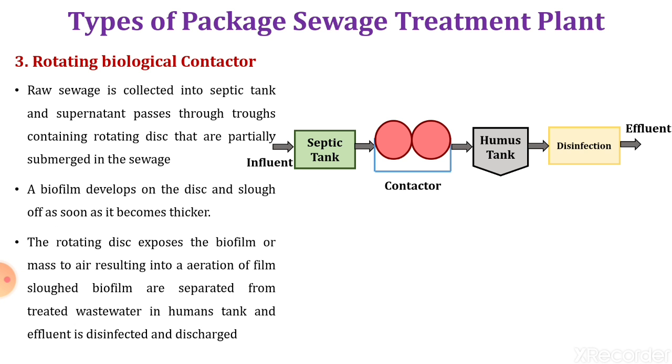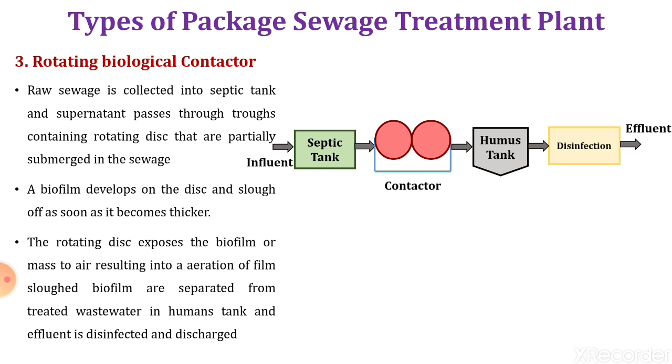Next is the rotating biological contactor. The raw sewage is collected into the septic tank and the supernatant is passed through troughs containing rotating discs that are partially submerged in the sewage. Biofilm develops on the disc and sloughs off as soon as it becomes thicker.